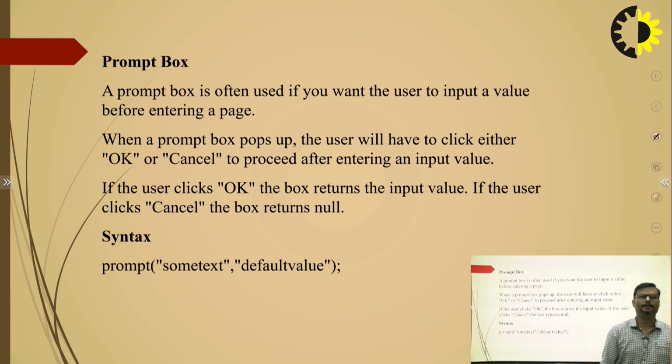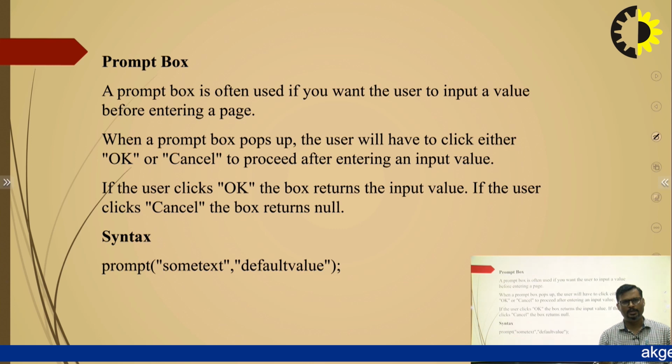A prompt box is often used if you want the user to input a value before entering a page. Before entering a page, they want to fill in some input.